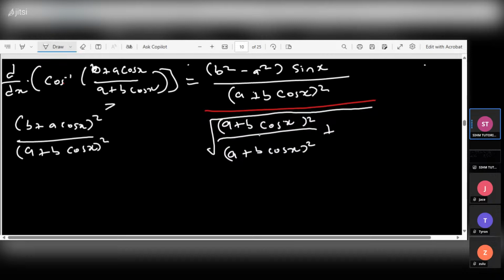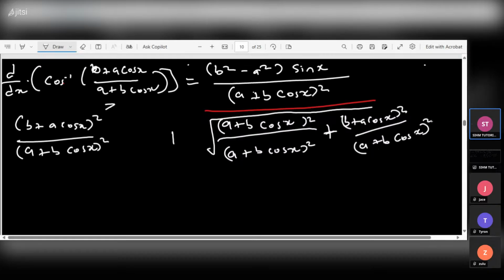If you can check, this thing gives you 1. And then from there you're going to see plus the b plus a cos x, then all squared, all divided by a plus b cos x. So that's different, but here the denominators are the same.